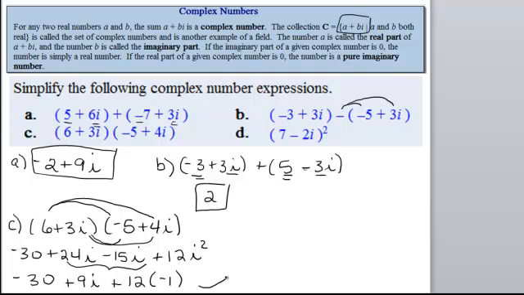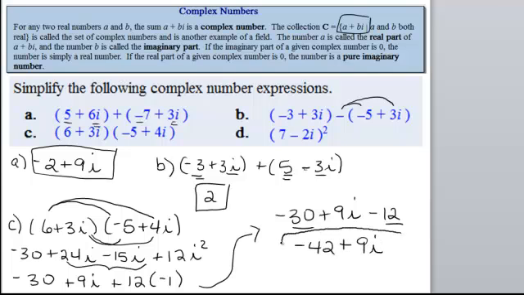Okay, simplify this a little bit more. Negative 30 plus 9i, and then 12 times negative 1 is negative 12. Well, now these are like terms. Negative 30 and negative 12 is a negative 42 plus 9i. Remember, always write your real part first and your imaginary part second.